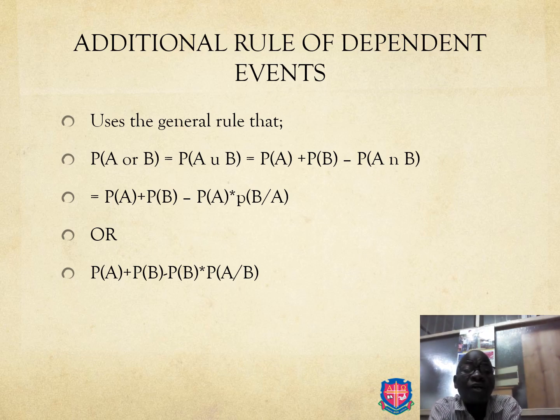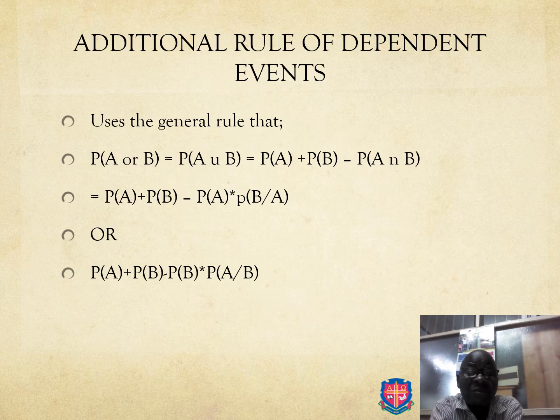But for dependent events and for independent events, the probability of A intersection B is not 0. And for dependent events, the probability of A intersection B is big because one affecting the other is very high.